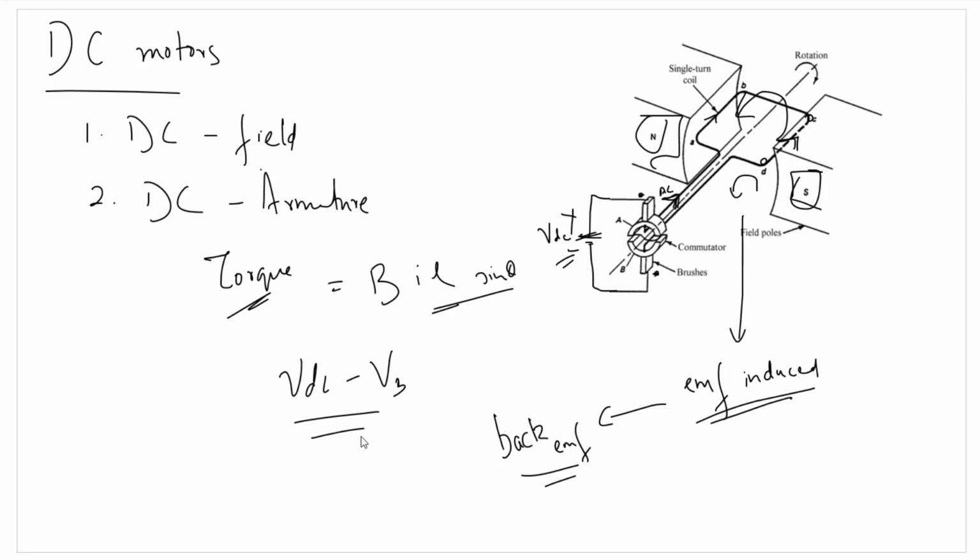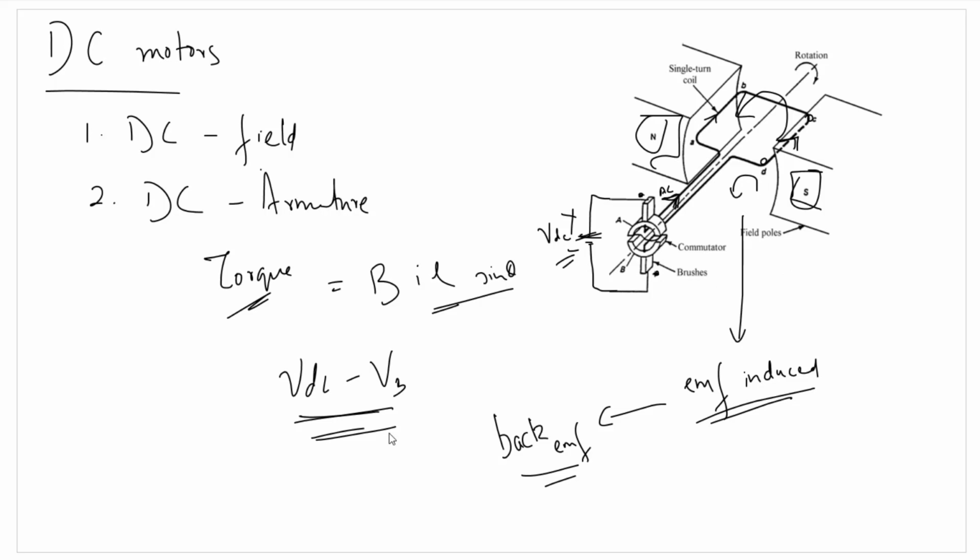It's a simple phenomenon. We have a rotating conductor in a magnetic field, so an EMF will be induced. And since this EMF is induced in a direction that's opposite to that of the actual voltage that was causing it, the net voltage will be VDC minus VB. So what is back EMF?